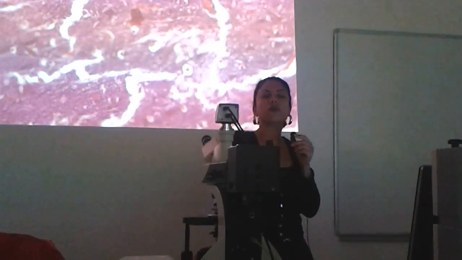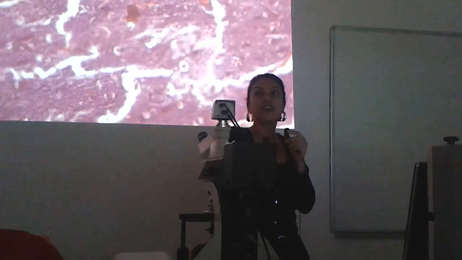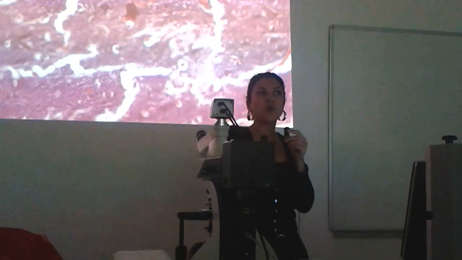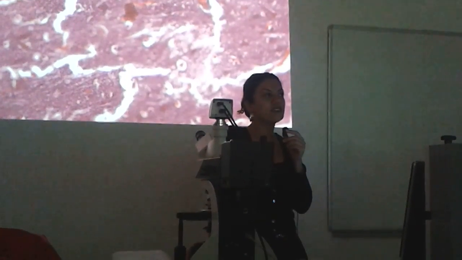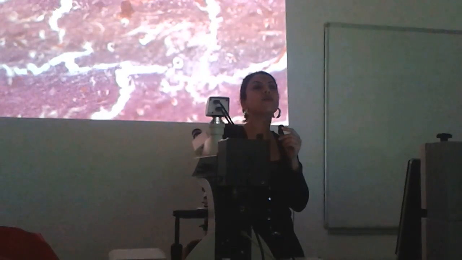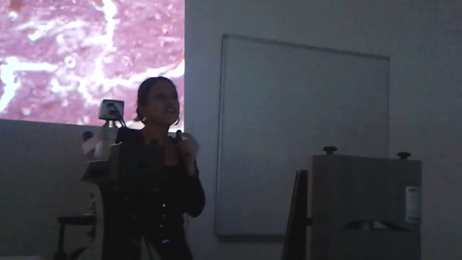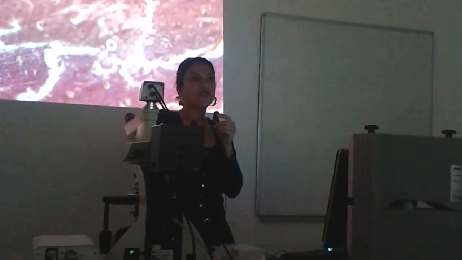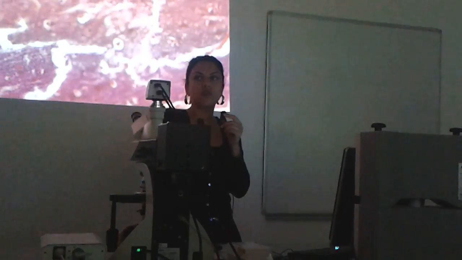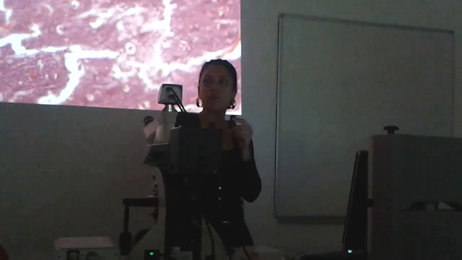What does multipolar mean? You have learned it just in the morning. Can someone tell me? Yes, it has multiple dendrites and it has an axon, alright? So it means multipolar.